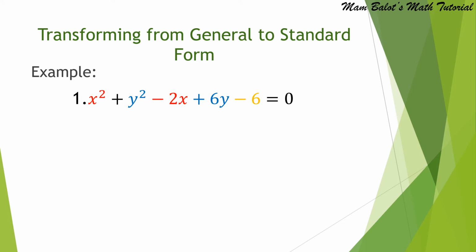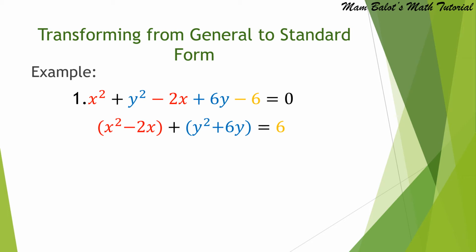So the first group is x squared minus 2x with variables x, and the second group is y squared plus 6y, which has the variable y. And the constant negative 6 is transposed to the right side, which becomes positive 6.